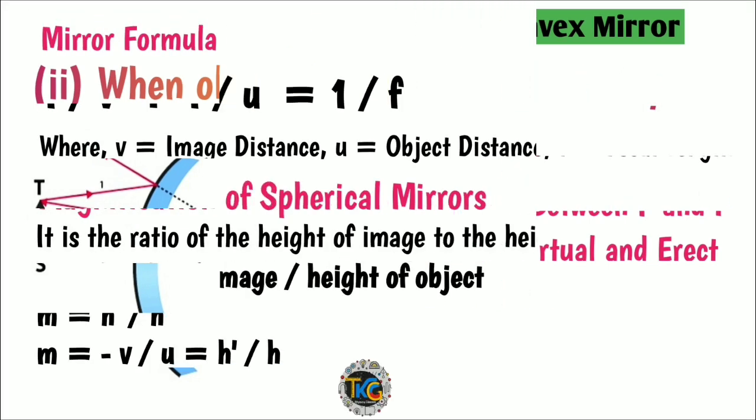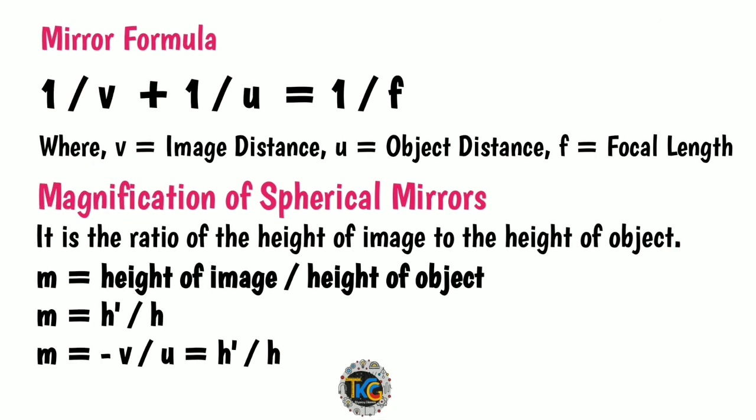Now we have to learn about the mirror formula. What is the mirror formula? At first, to study the mirror formula, we have to know about the object distance, image distance, and the focal length. What is object distance? The distance between pole and the object is called the object distance, which is denoted by u. The distance between pole and the image is called the image distance, and the distance between pole and the focus point is called the focal length.